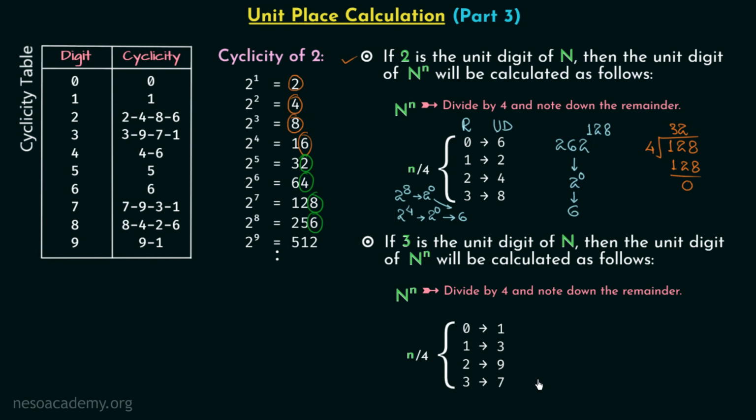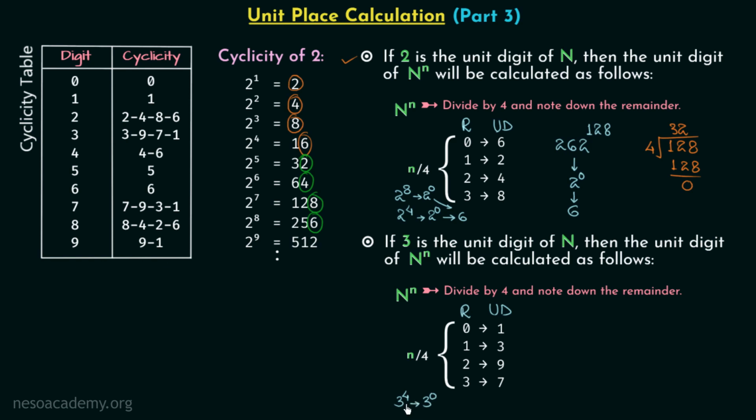Let us try to understand how we are getting 1, 3, 9 and 7 as the unit digits for the corresponding remainders. When we divide the power n by 4 and the remainder is equal to 0, this corresponds to 3 power 0, and for example we can have 3 power 0 from 3 power 4. 4 when divided by 4 will give us remainder equal to 0.